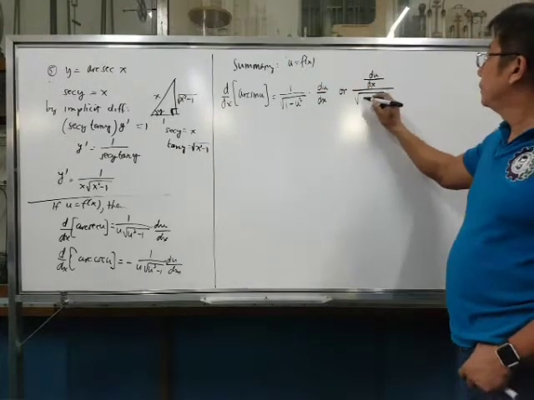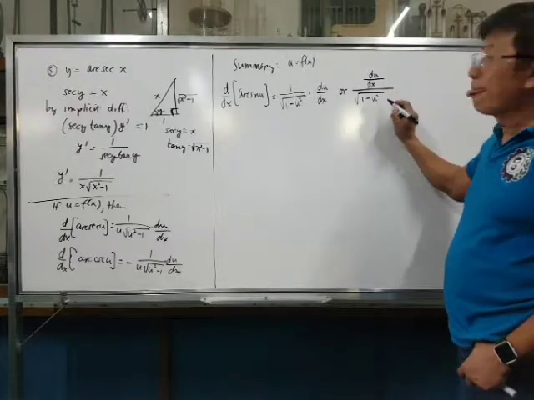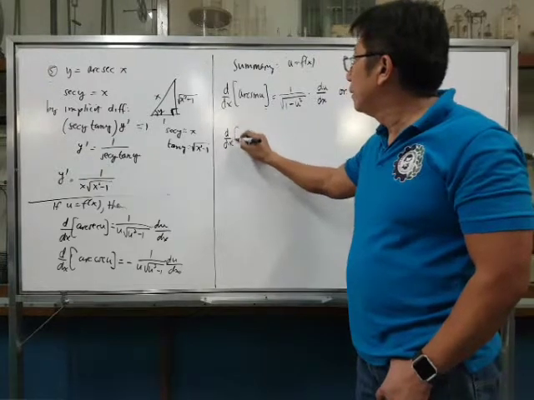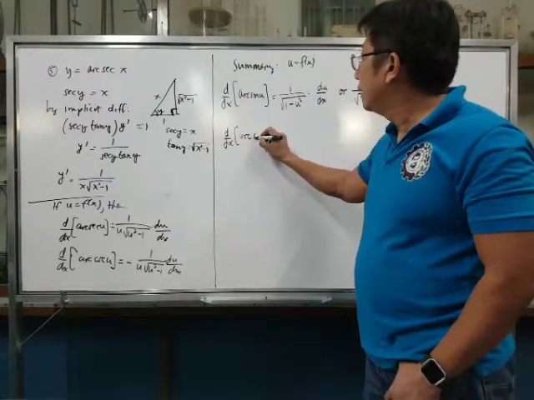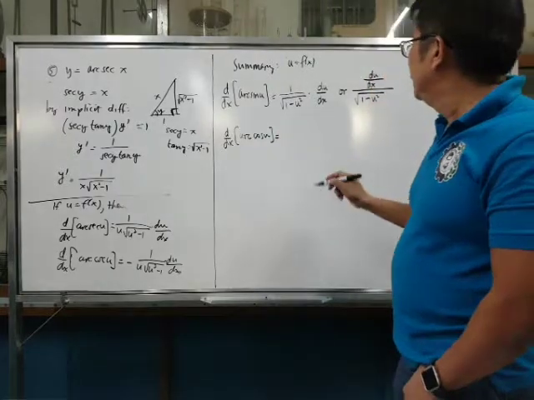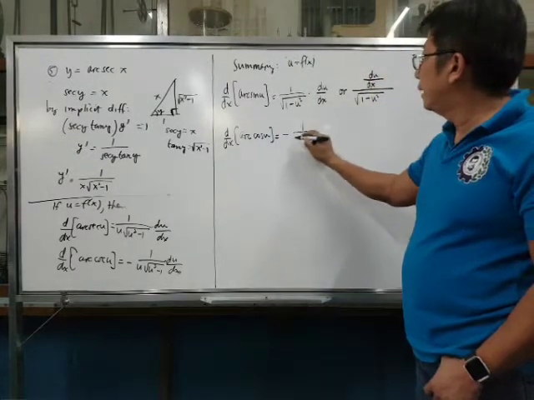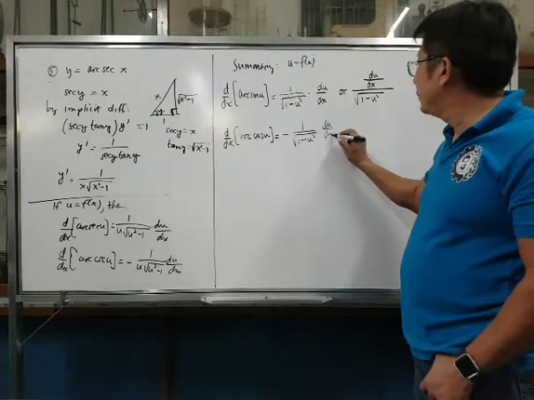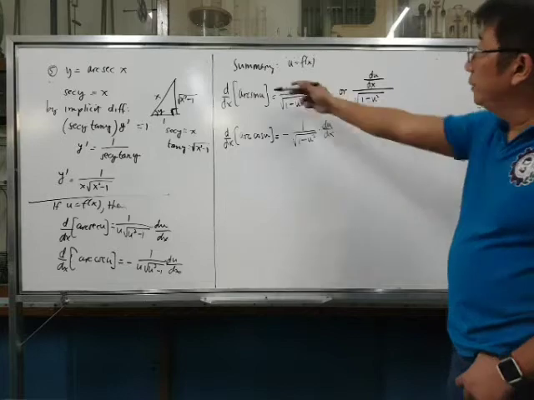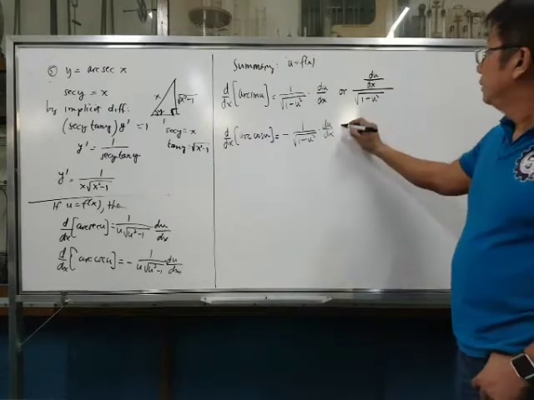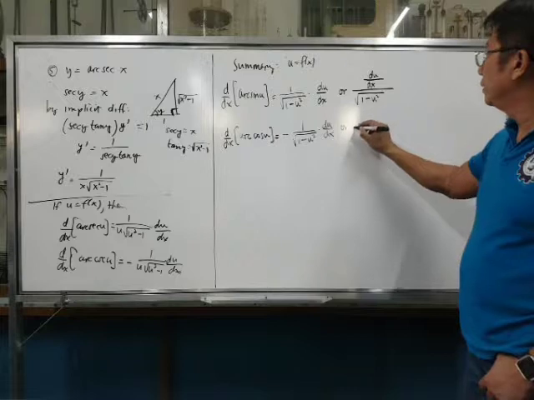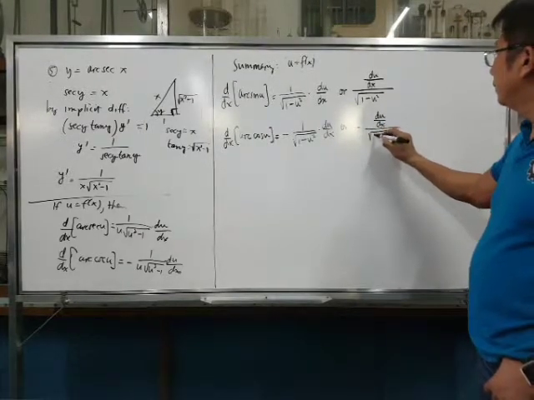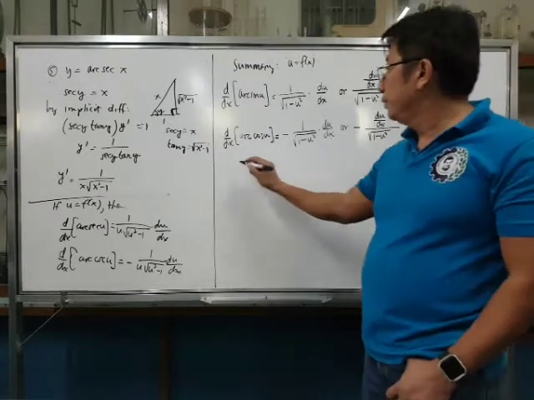That is just the same. The derivative of arc cosine u is just the negative of 1 over square root of 1 minus u squared times du dx. So it is the negative of the derivative of arc sine u. Or you can put this in the numerator, so negative du dx over square root of 1 minus u squared.